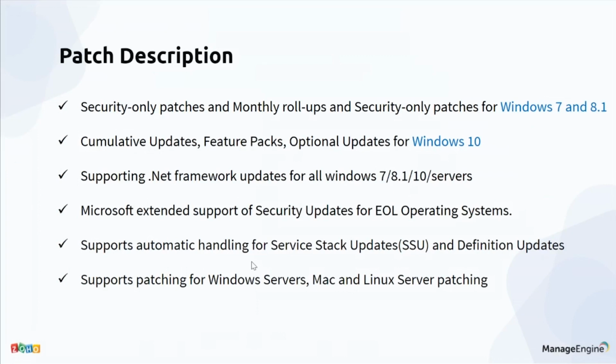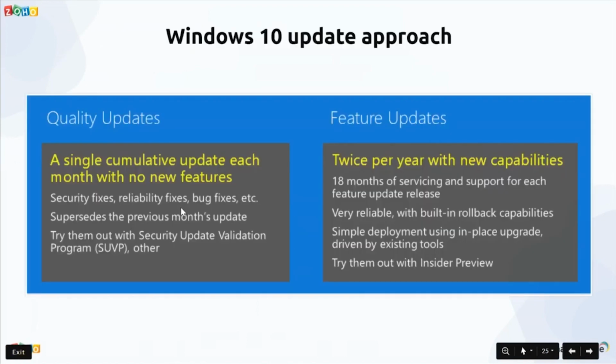As you can see, the important updates when it comes to Windows 7 and 8 are the security only updates and the security monthly quality rollups. When it comes to Windows 10, we have the optional updates, the cumulative updates, and the feature packs.